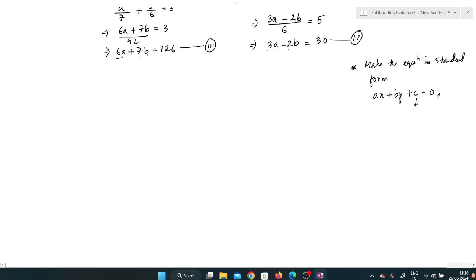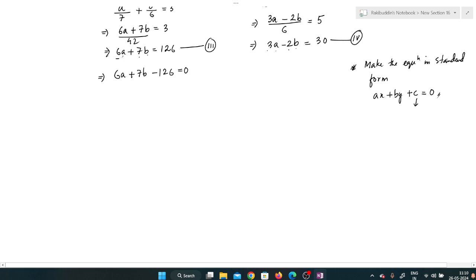So if you use the cross multiplication method, we will always keep the right hand side equal to 0. That means all the terms we will keep on the left hand side. So this equation, if you arrange it in standard form, you will write as 6a plus 7b minus 126 is equal to 0.